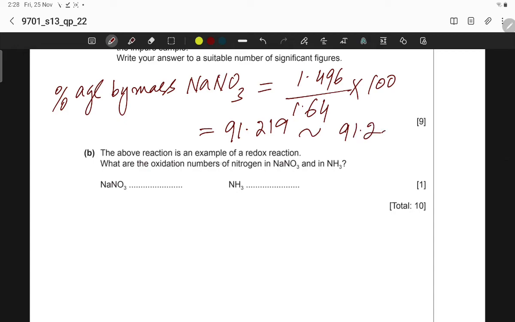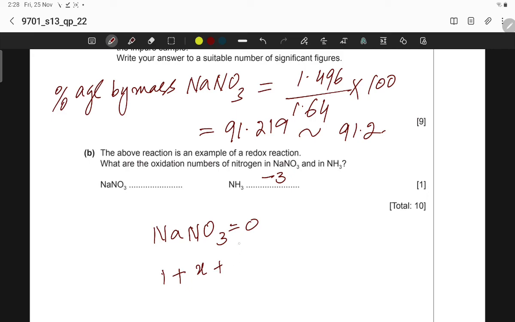The above reaction is an example of a redox reaction. What are the oxidation numbers of nitrogen in sodium nitrate and in ammonia? In ammonia it is -3. In sodium nitrate we can calculate: sodium is +1, nitrogen is x, and 3 oxygens at -2 sum to 0.